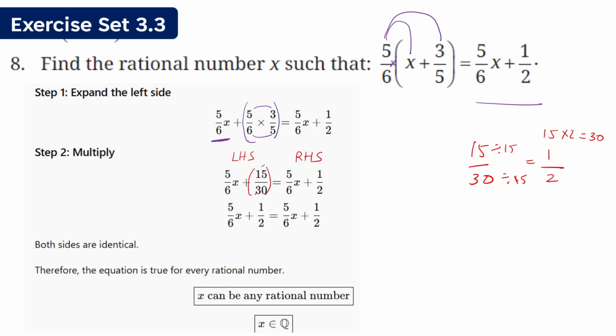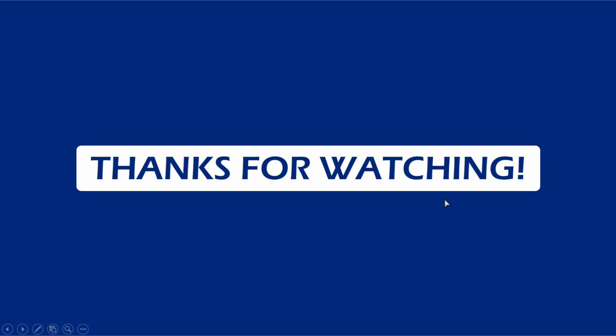So this fraction is reduced to 1/2. If you now compare the expression on the left hand side to the expression on the right hand side, they are exactly the same, which means that both sides are identical. Therefore, x could be any rational number since both of these sides are identical. With that, we come to the end of this exercise. And thanks for watching.